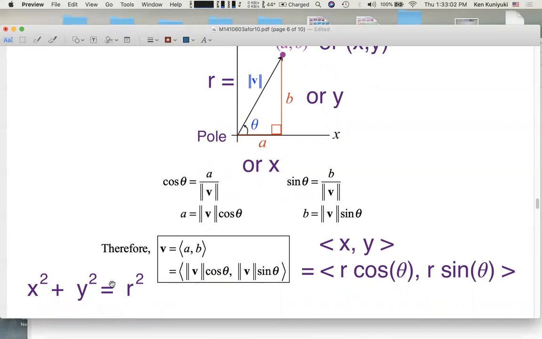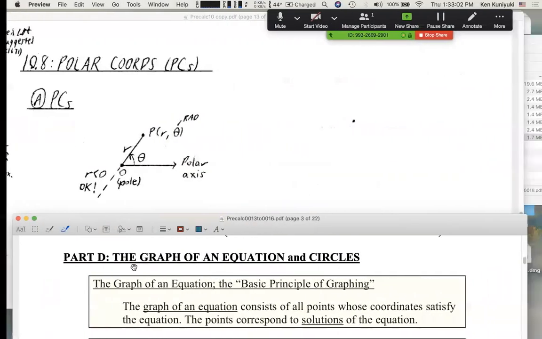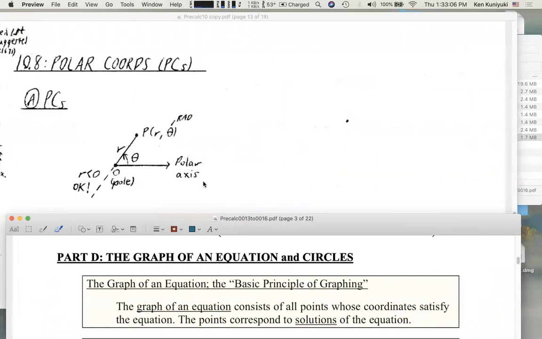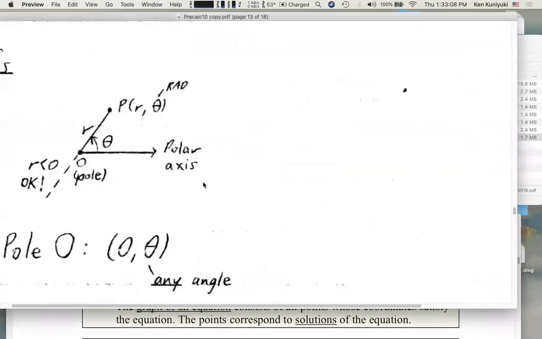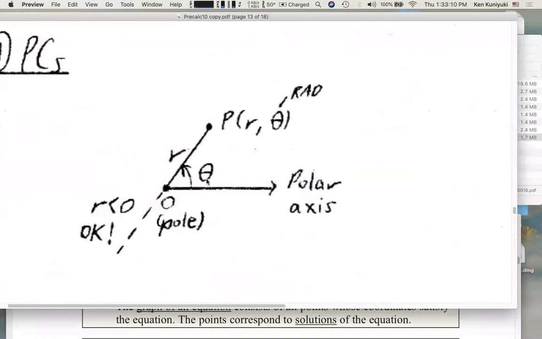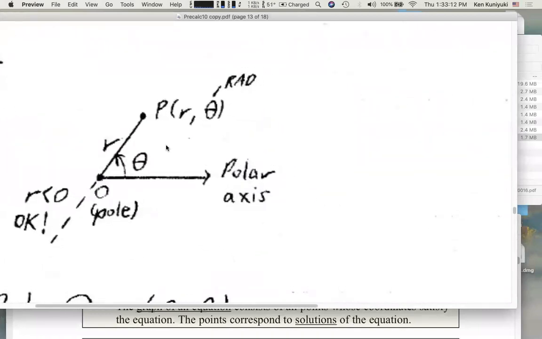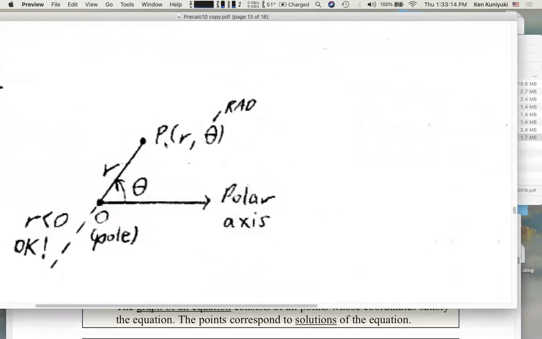All right, so let's talk more about polar coordinates. So imagine that you have a point here in the plane, the point P. And instead of indicating Cartesian or rectangular coordinates, x and y, let's indicate polar coordinates, r and theta.